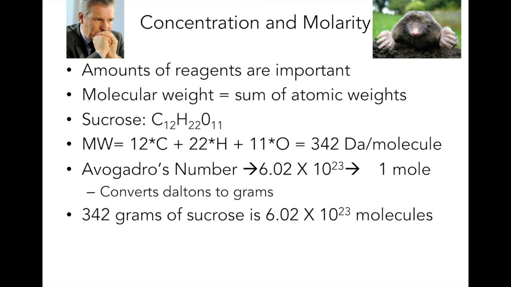So the way that we do that is we have a conversion factor. And that conversion factor is called Avogadro's number. And Avogadro's number is roughly 6 times 10 to the 23rd power. So what that means is that 6 times 10 with 23 zeros after it.